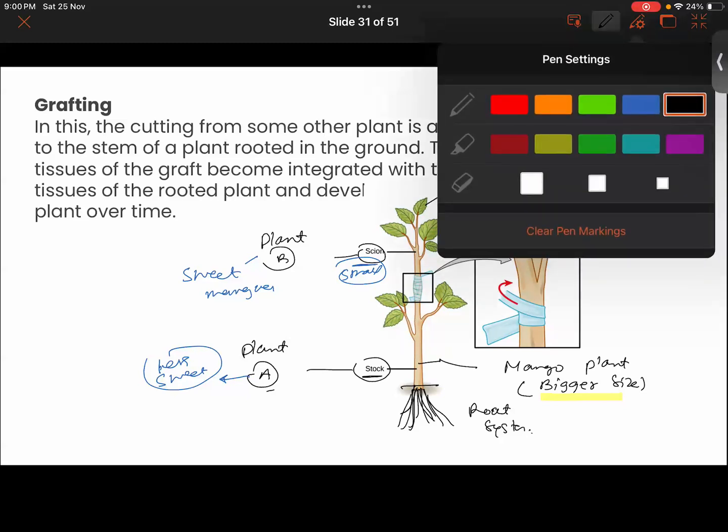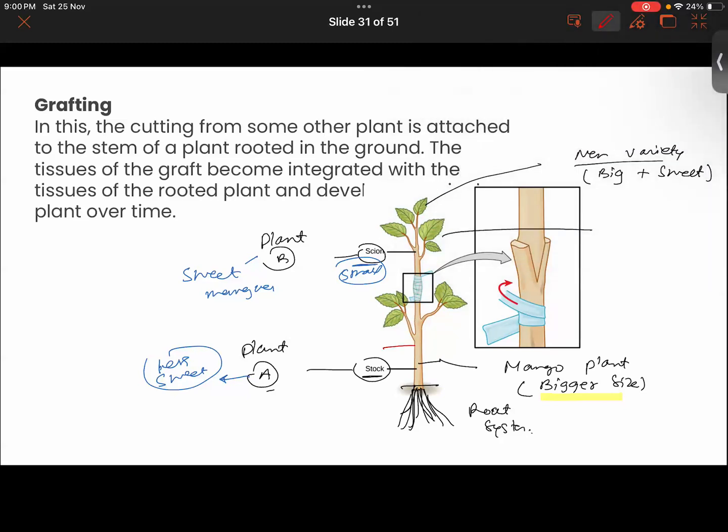One important aspect here: just like we have veins and arteries, in the same manner, transport of food, and transport of water, minerals and salts takes place via two vascular tubes.